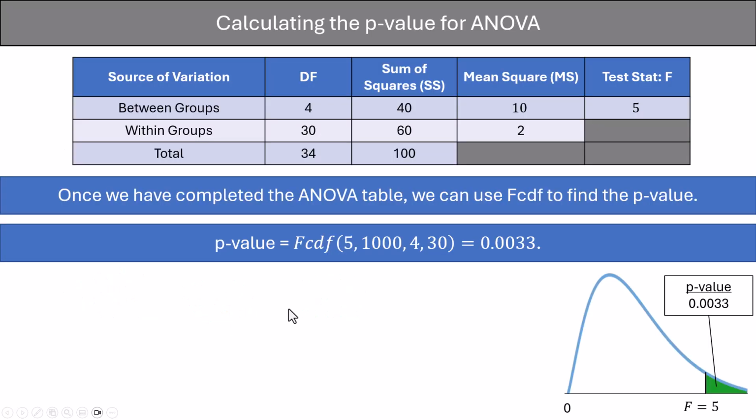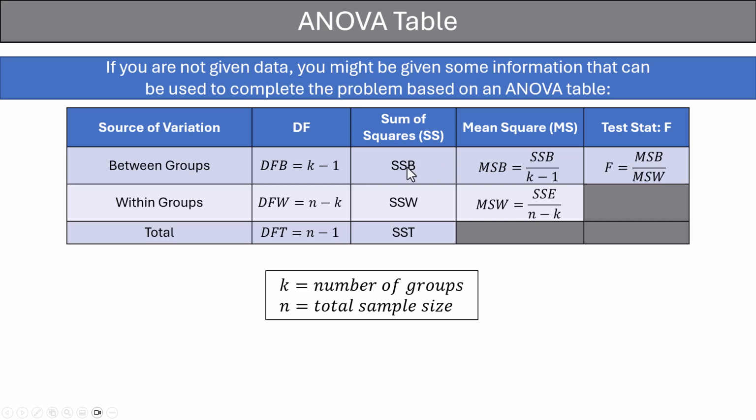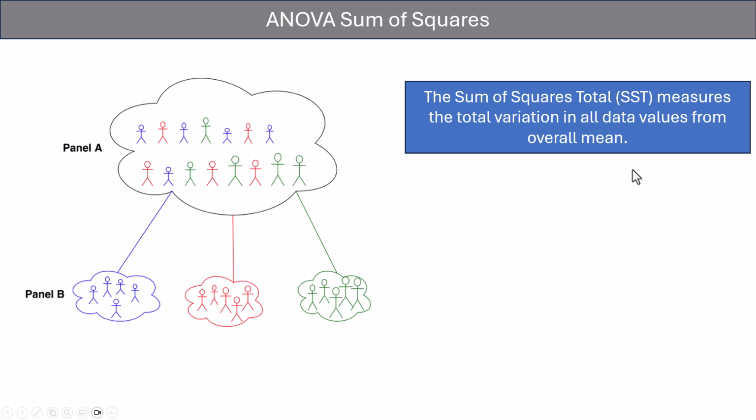So if we look back at the table here, we have the sum of squares between, the sum of squares within, and the sum of squares total. What are those things all about? Well, the sum of squares total is similar to a variance or standard deviation type idea. It's measuring the spread or the variation for all of the individuals related to the overall mean.